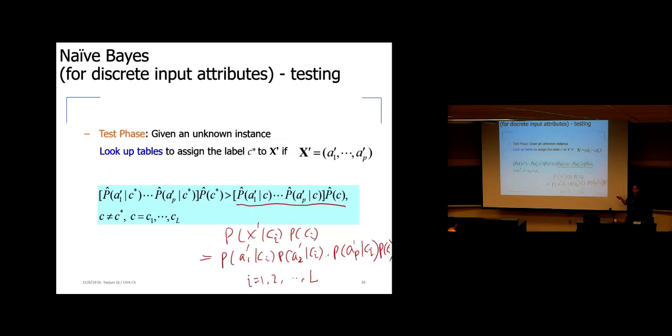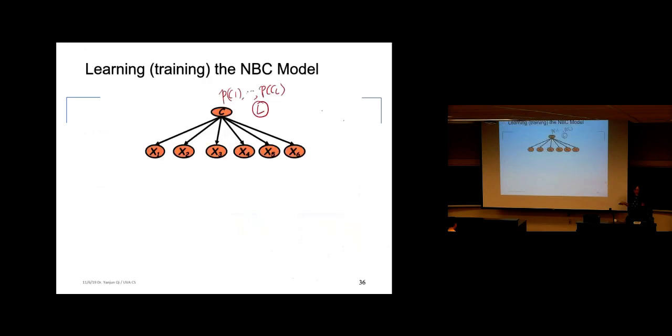There's an input X, and you just calculate P(A1|Ci), P(A2|Ci), until P(AP|Ci). You multiply those values from the lookup table and times P(Ci), and this will give C1 until CL numbers. Whichever gives me the largest number is the predicted class label, C star.